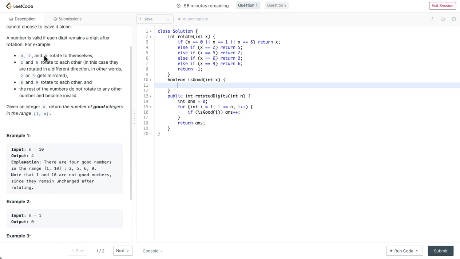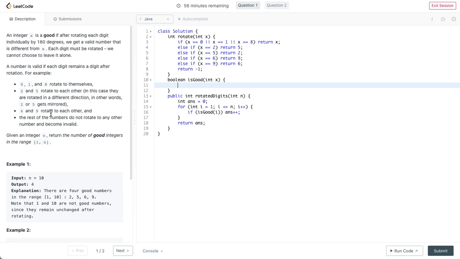So if the number is good, then it means that we get a valid number.